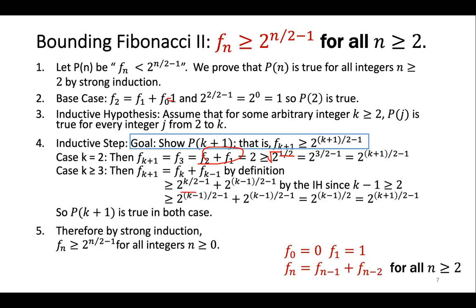So this is the right side, and we can simplify this with the smaller one. Previously we used the larger one. So anyway, we can use that and rewrite this into this, and finally it will be this, and this is the same as the original P of k plus 1. So that means P of k plus 1 is true.